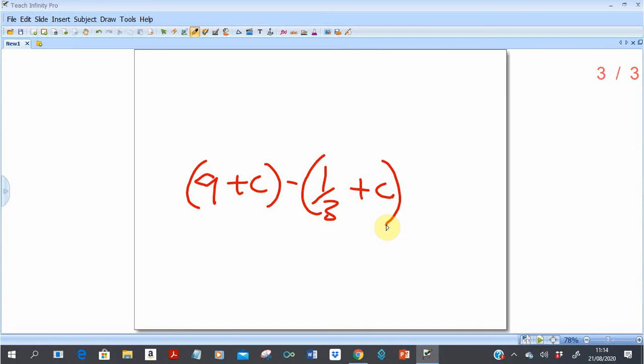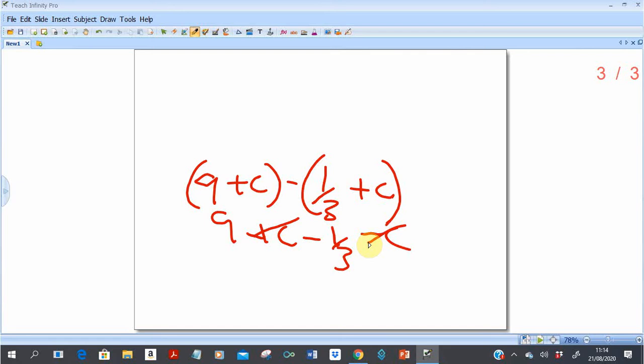Now what happens if we break these brackets? We have 9 plus c minus 1 over 3 minus c. So you have plus c minus c. So these will cancel. Gives you a 0.